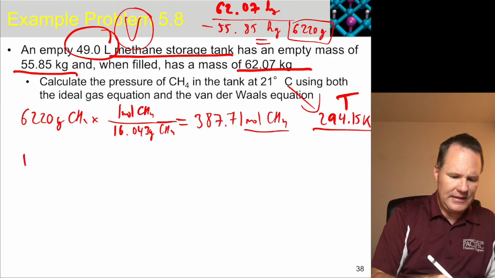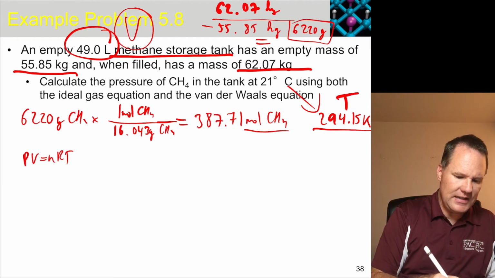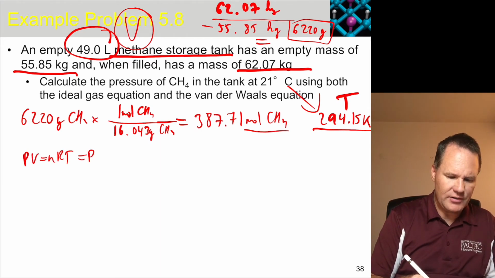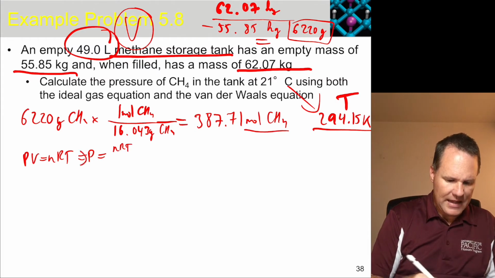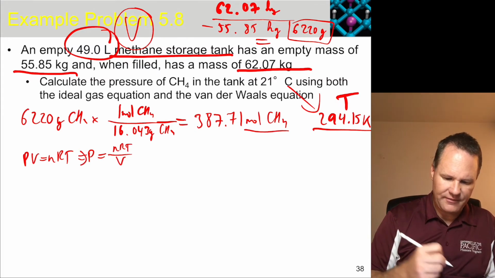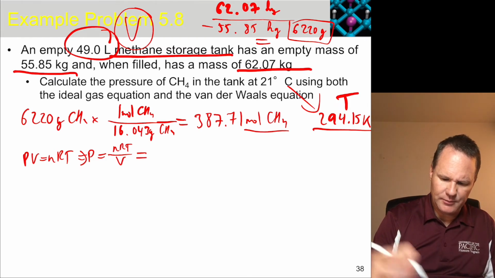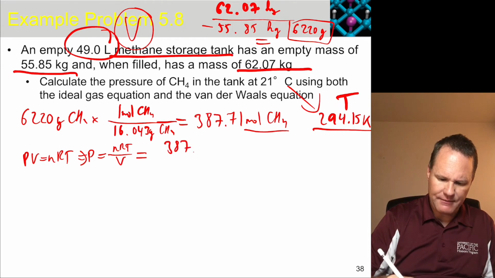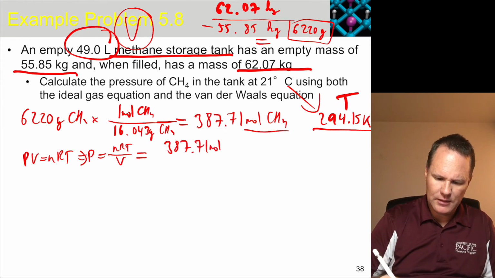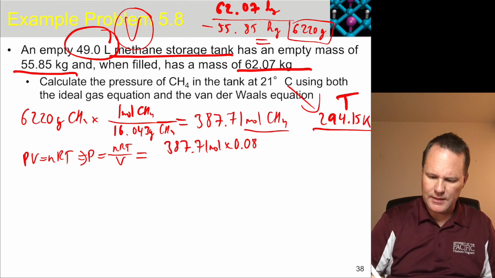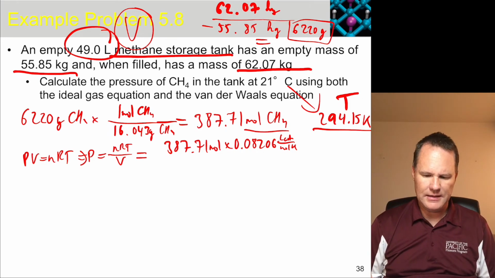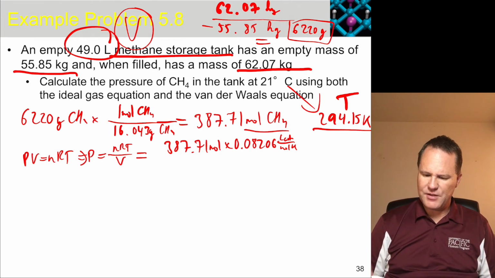So let's start with PV equals nRT, and so the pressure is nRT over V. Let's just put everything in, okay, so that would be 387.71 mole times 0.08206 liter atmosphere over mole Kelvin, just so that I will get it in atmospheres.